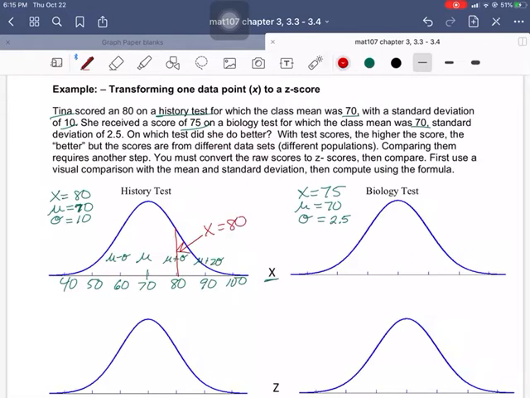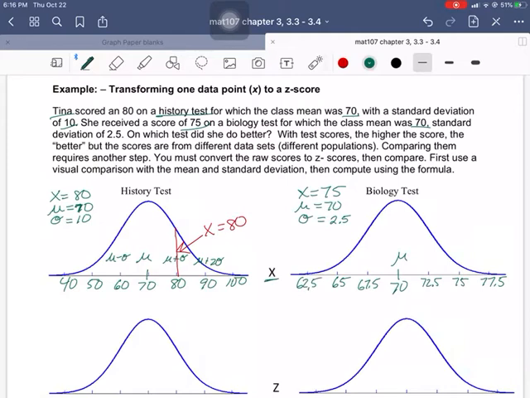Okay, and then the biology is a little different. The mu was 70 also, but the standard deviation is 2.5. So this would be 72.5, this would be 75, this is 77.5. Subtracting one standard deviation, you get 67.5, 65, and subtracting another standard deviation, you get this.